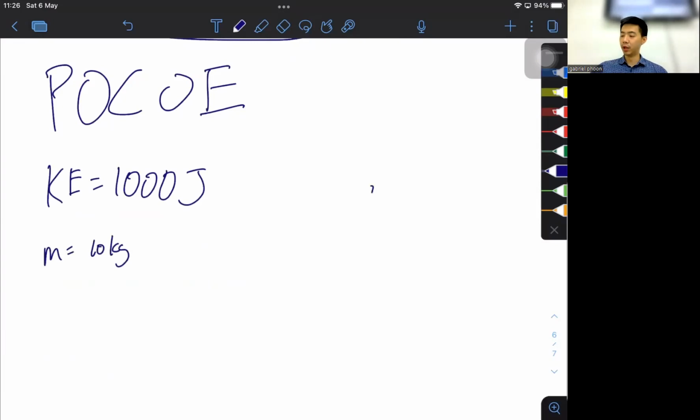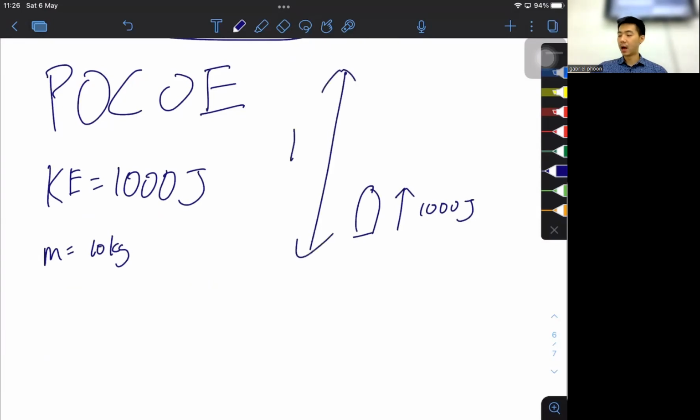Let's say they say that this bullet here initially has an initial kinetic energy of 1000 joules flying upwards, and they want you to find how high this is, how high the bullet will fly. In this scenario here, obviously, what energy is being converted into what energy?